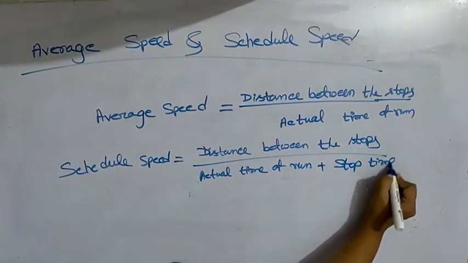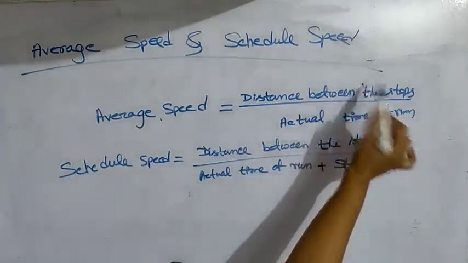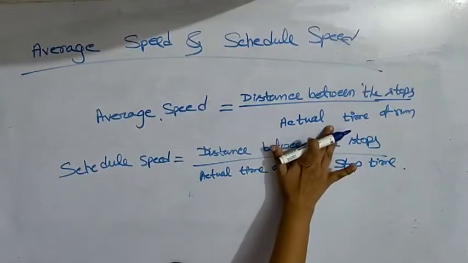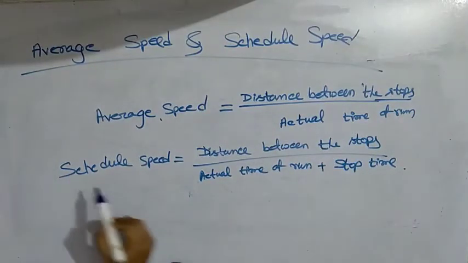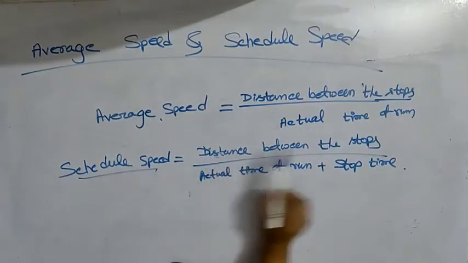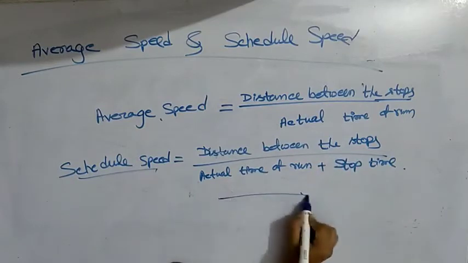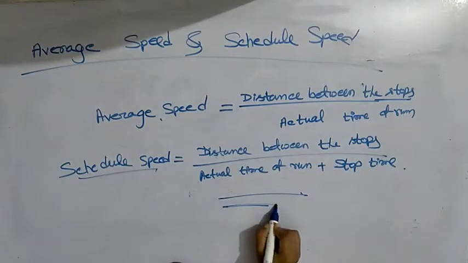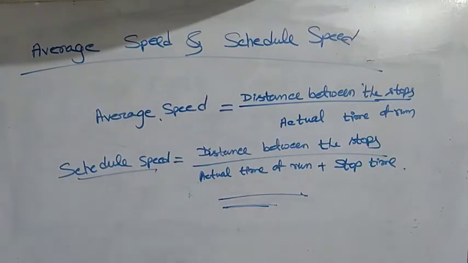Okay, average speed is equal to distance between the stops by actual time of run, and scheduled speed is equal to distance between stops by actual time of run plus stop time.